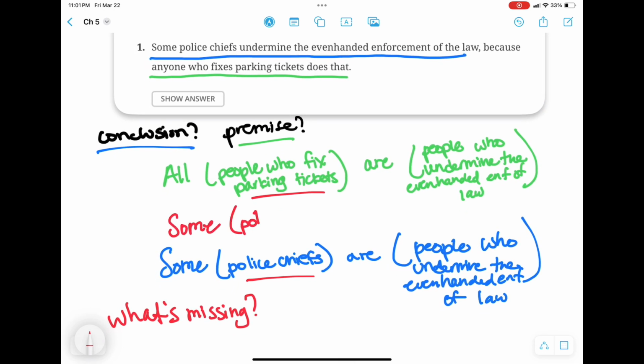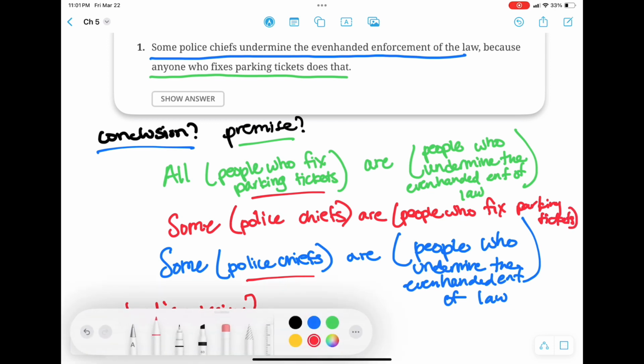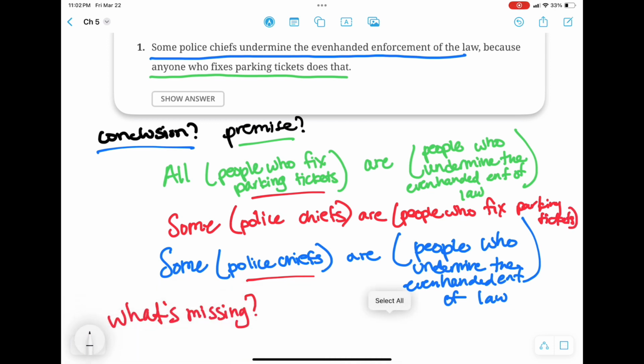So we're going to say some police chiefs are people who fix parking tickets, right? So if you can kind of think of this in ordinary language, if I were to say this original argument, well, it might be implicit, it might be implied, but I haven't directly stated that police chiefs fix parking tickets. And we don't need it to be all, it just needs to be some.